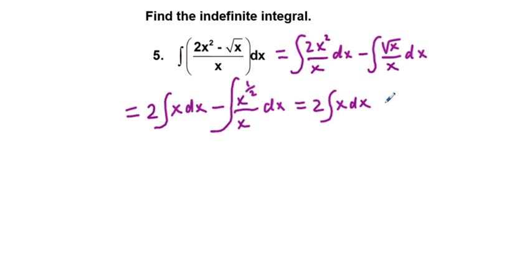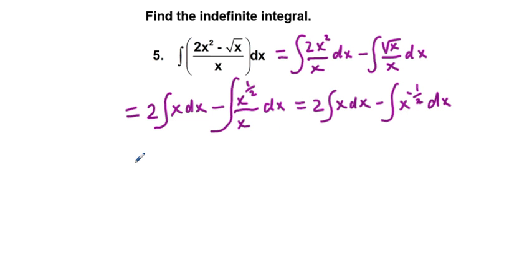And this one here is going to be minus, well, we have x to the 1/2 power divided by x to the 1 power. So this is going to be x to the negative 1/2 power, times dx. Yes, to the negative 1/2 power.